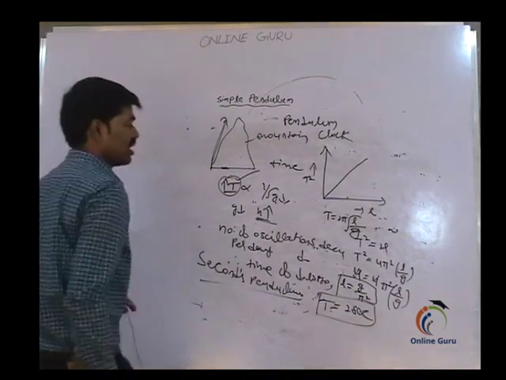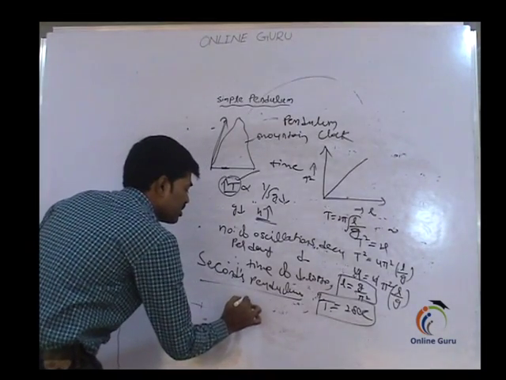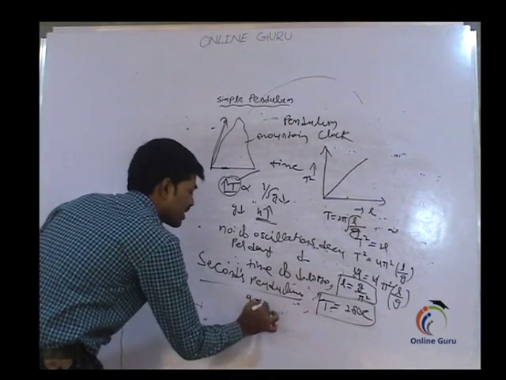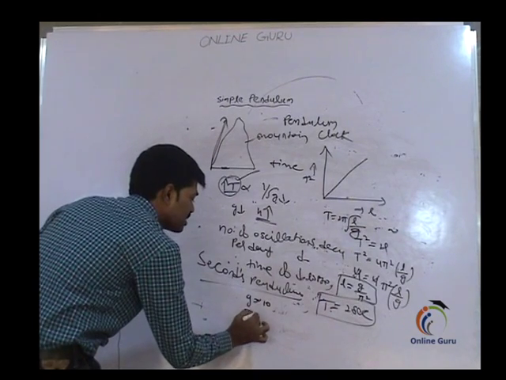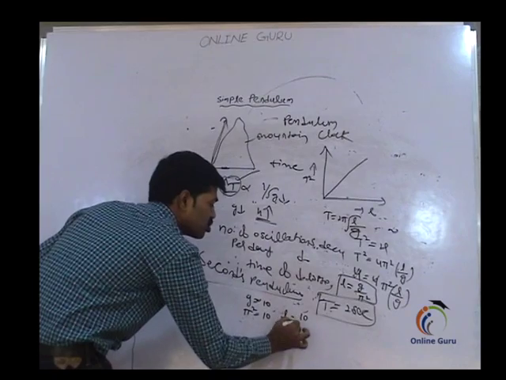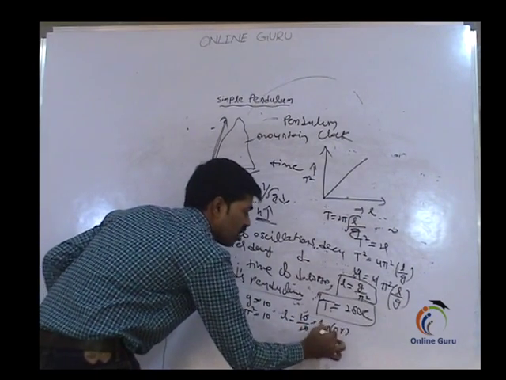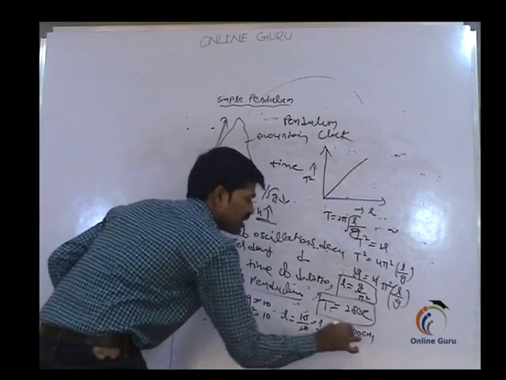This is the length of the seconds pendulum. If g is approximately taken as 10 and π² is approximately taken as 10, L is equal to 10/10, that is equal to 1 meter or 100 centimeters.